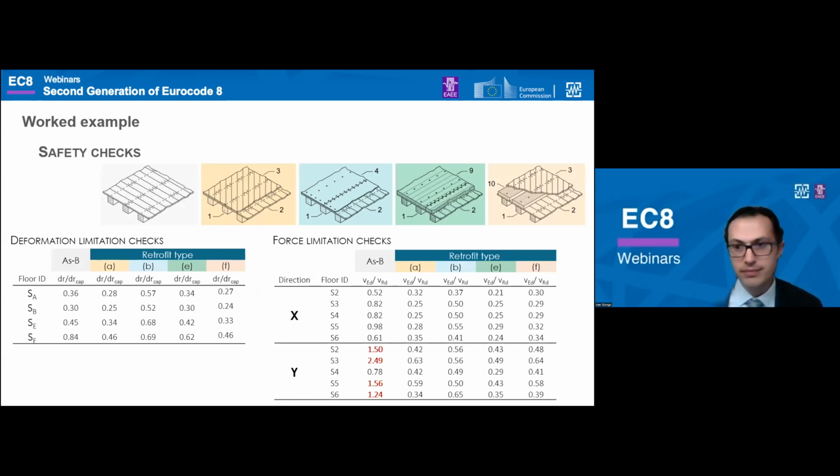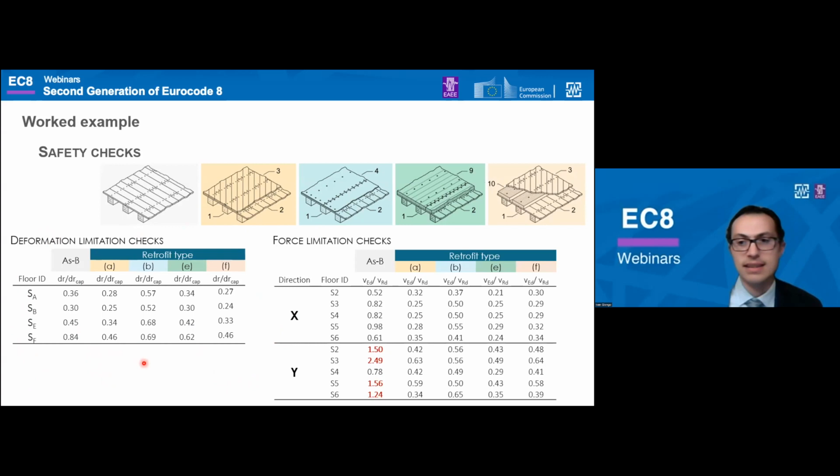The tables in this slide show the safety checks according to the provisions, for the diaphragms in the as-built and also retrofitted conditions. Because of the deformation compatibility assumption, the deformation checks are performed on the equivalent diaphragms.